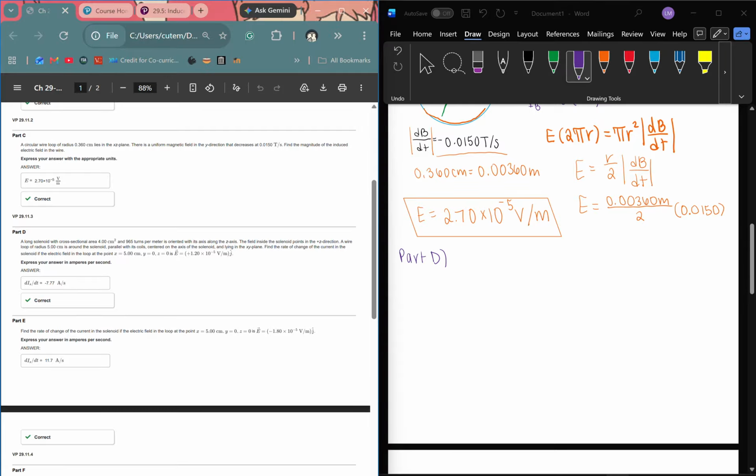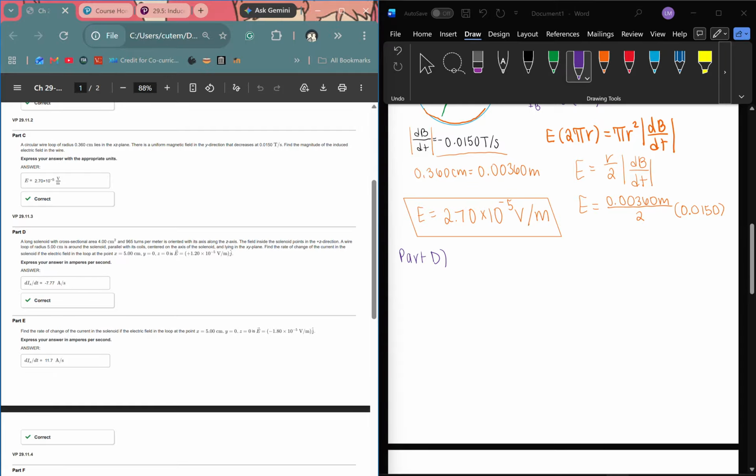Find the rate of change of the current in the solenoid if the electric field in the loop at the point x equals 5 centimeters, y equals 0, z equals 0, is positive 1.20 times 10 to the power negative 5 volts per meter J hat. So it's basically in the positive y direction.